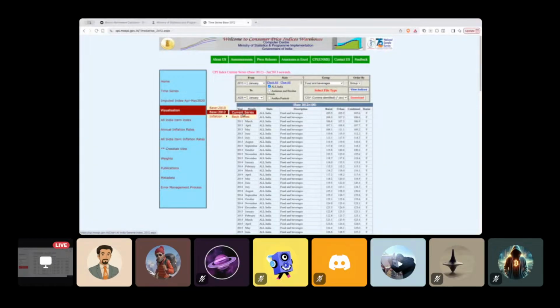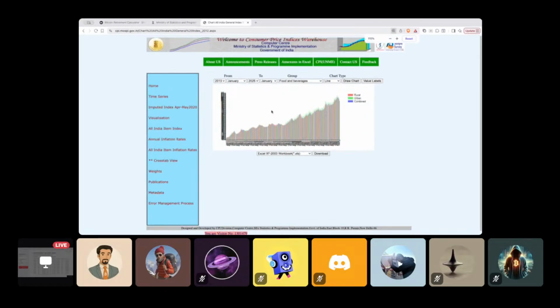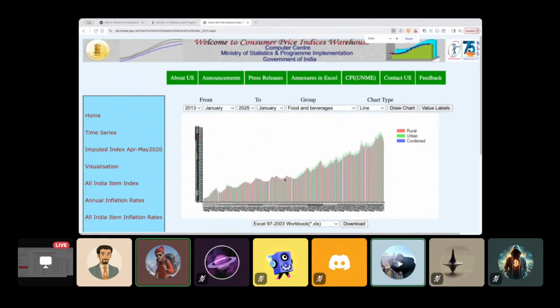Yeah, okay. So this is your food and beverage. So you can see the plot here. I hope it's visible. Yes, yes. So the index here, from 2013 onwards, it keeps going up.